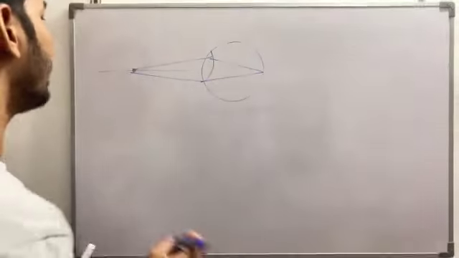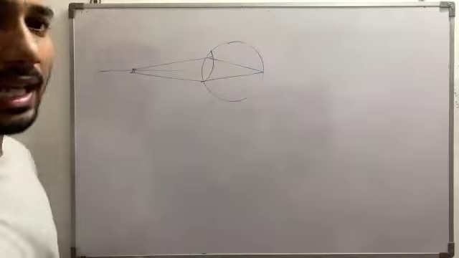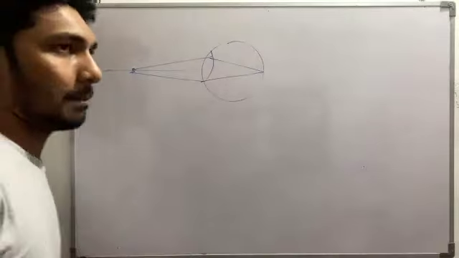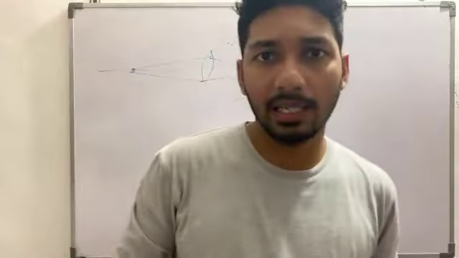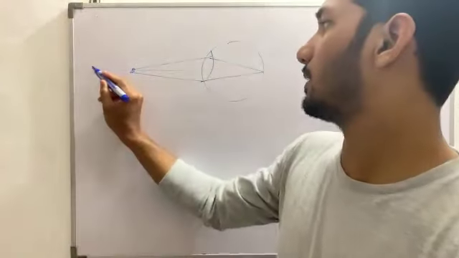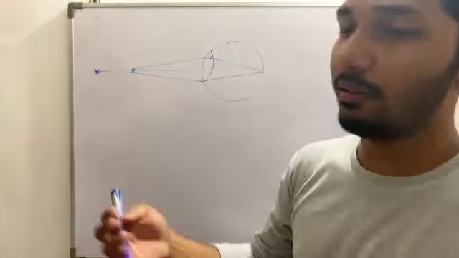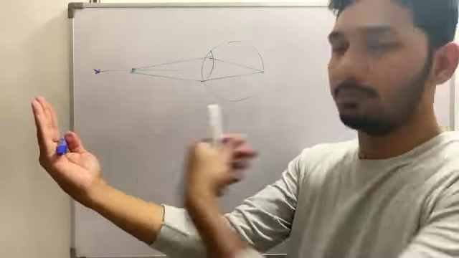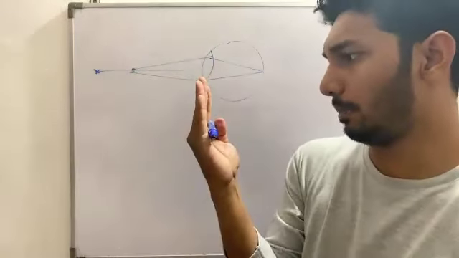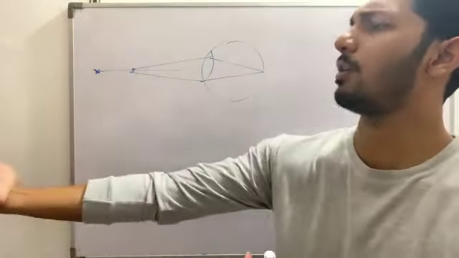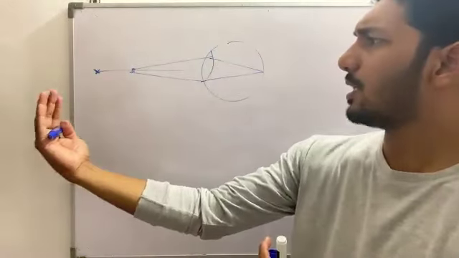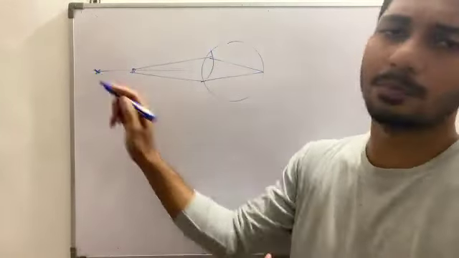But these people cannot see. They will have an increase in their near point. So they will have to hold the book farther from the eye than a normal person. It's 25 for me. They will hold it like this and read. So they need some adjustment there.